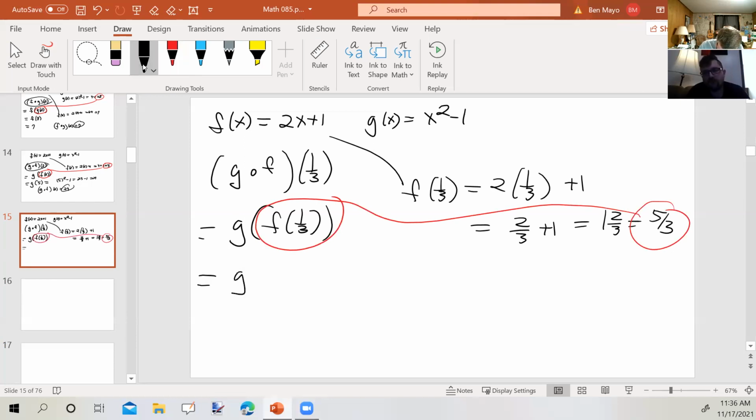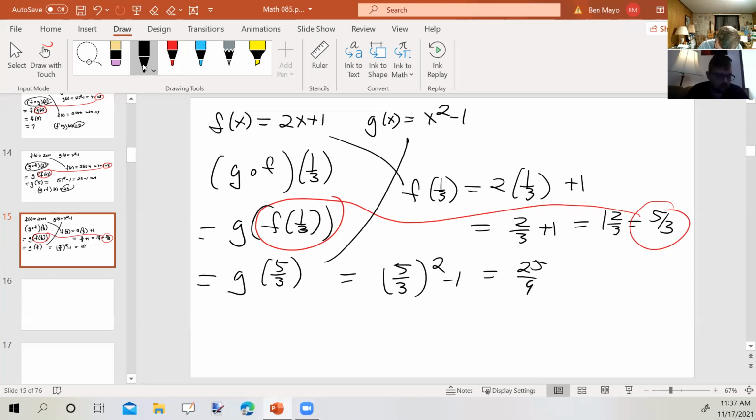So now we get g of 5/3, which is 5/3 quantity squared minus 1, 25/9 minus 1, 25/9 minus 9/9, which is 16/9. So we have g composed with f of 1/3 is 16/9. All right, with that.